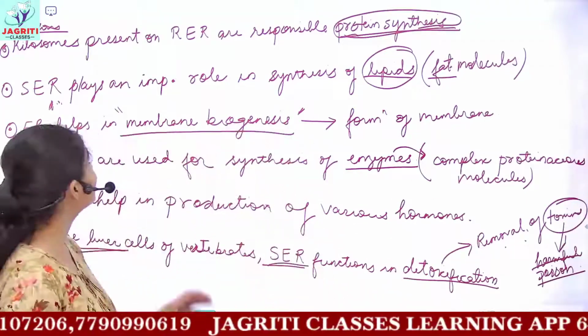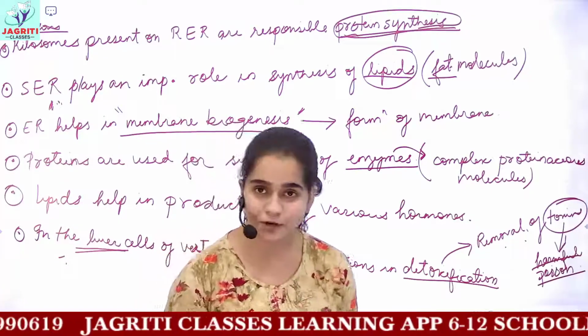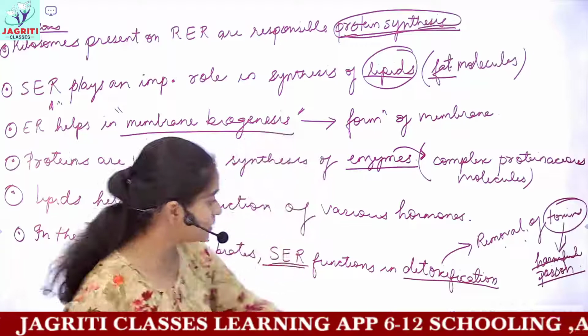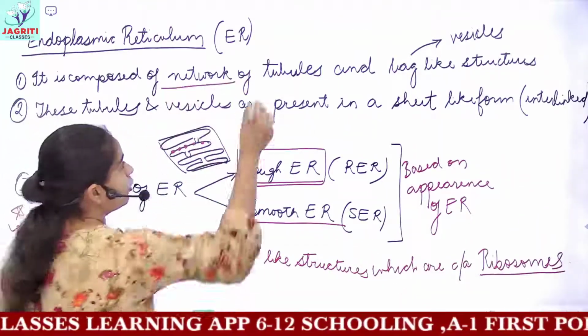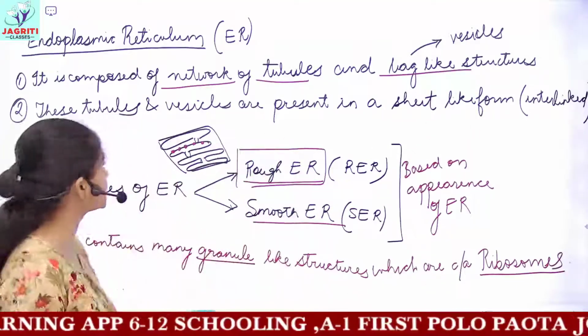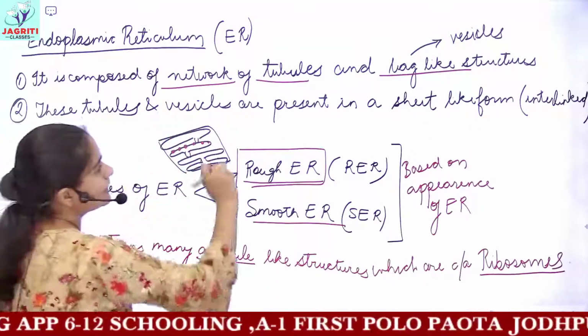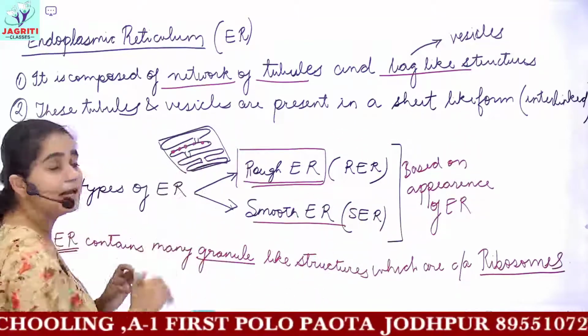So these are all the functions and the structural features of endoplasmic reticulum. That is, endoplasmic reticulum was what? It was composed of a network of small tubules and vesicles that were spherical bag-like structures. Now these tubules and vesicles are present in a sheet-like form, that is, they are interlinked with each other.